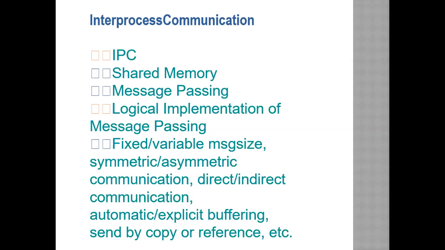Buffering is a temporary storage, which has to be automatic or explicit to the processes. Send by copy or reference: send by copy is when a message has been received. Call by value and call by reference are extensively used in the C language, and these are the communication mechanisms to be adopted in interprocess communication.